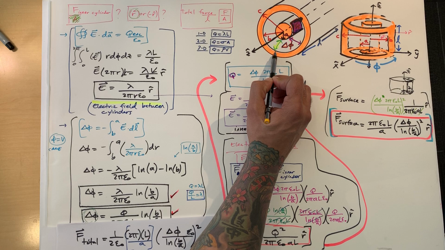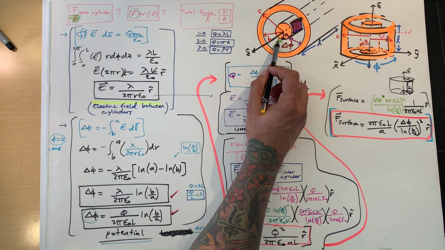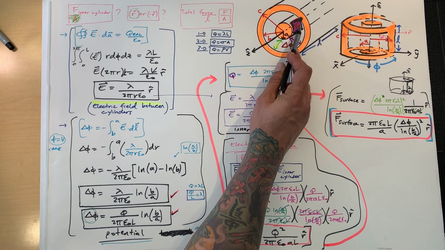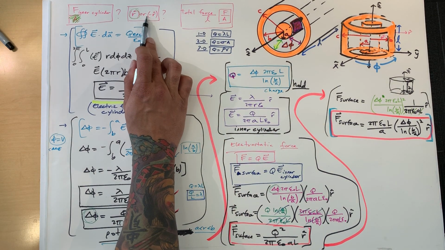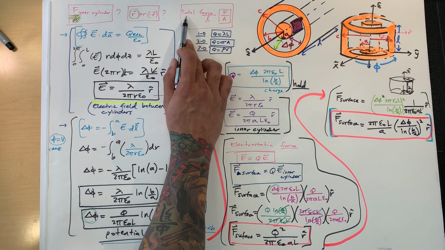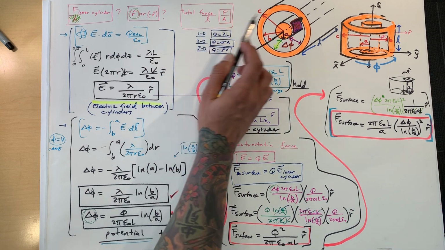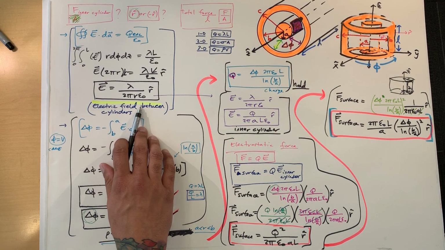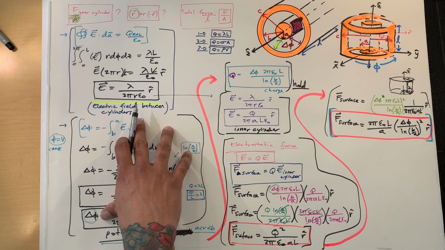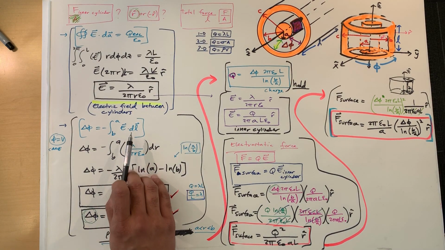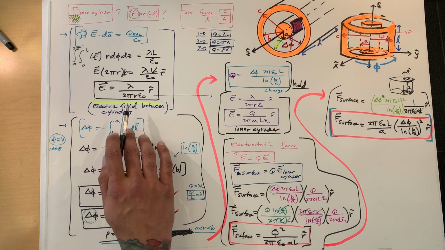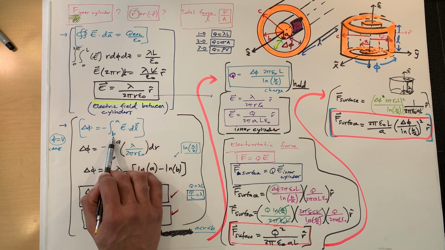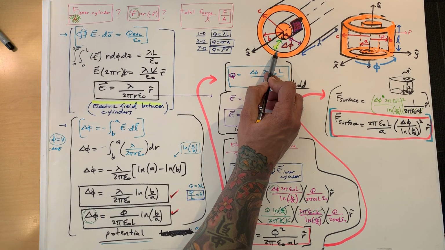We're interested in the force on the inner cylinder, so the face of this, and in what direction the force is going, and also the total force per unit length of area. So this electric field is good. Now we're going to use the electric field and find the potential between those two cylinders.